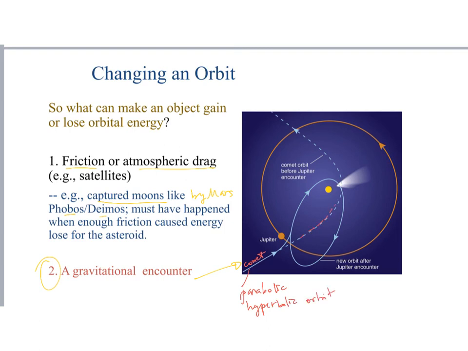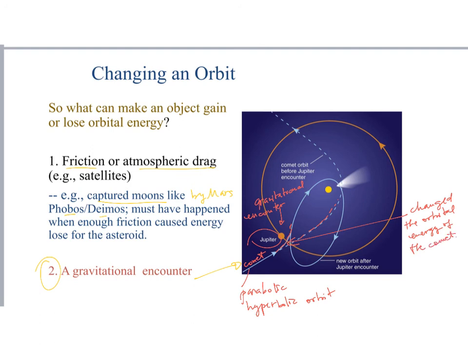This was supposed to be the orbit if it were not for the gravitational encounter with Jupiter. Jupiter is pretty massive, so what did it do? It deflected the orbit. So it changed the orbital energy of the comet.